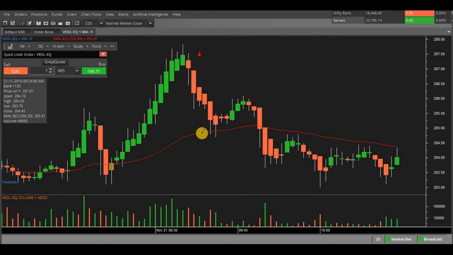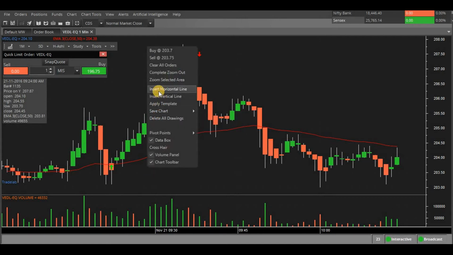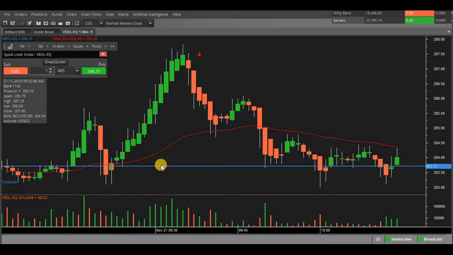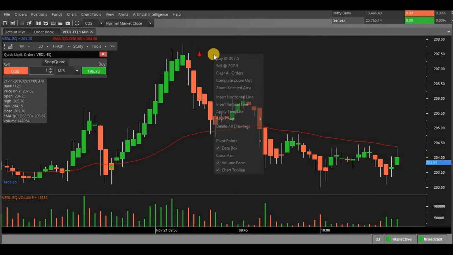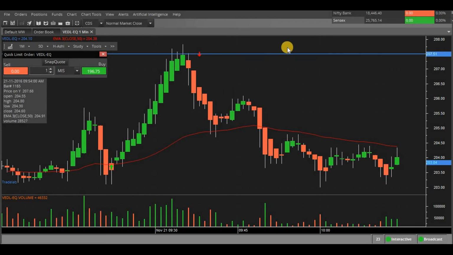So I just insert a horizontal line here. You can see I went long at 203.84, and here I sold at 207.